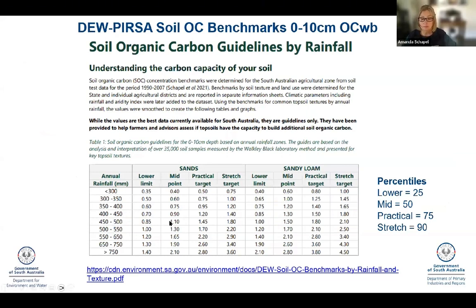So this fact sheet is available based on four soil types: sand, sandy loams, clay loams and loams, and they are utilising percentiles again. We've got the lower limit as the 25th percentile, the practical target as the 75th, and we've added in a stretch target for areas that you think have the potential to go higher, and that's generally higher rainfall systems with pastures in them.